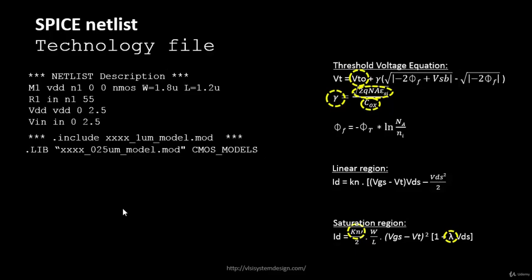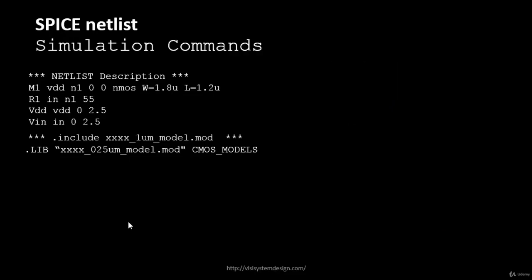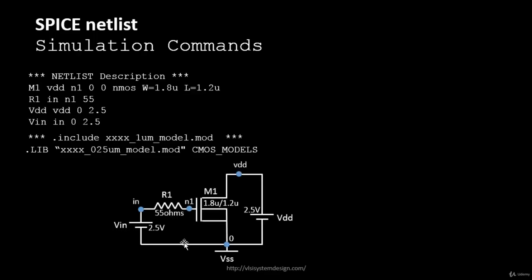By simulation commands, we basically mean the way you provide your voltage levels. In this case, we have two voltage levels. We have the gate voltage, which is 2.5, and the drain to source voltage, which is again 2.5. But for simulation, we need to sweep the drain and the gate voltage. Why do we need to do that?